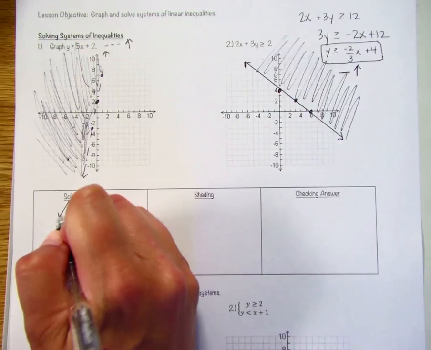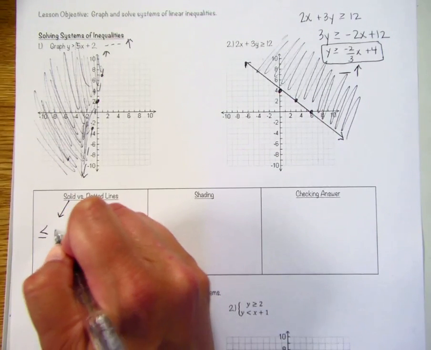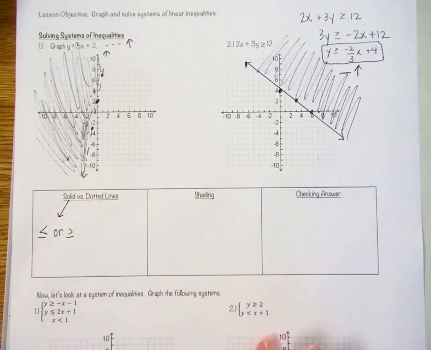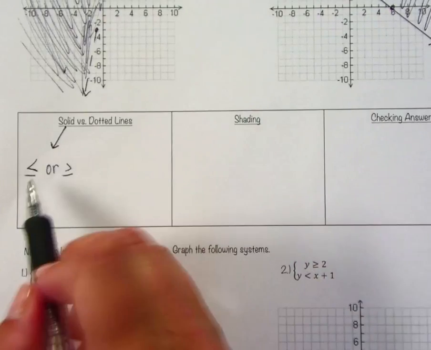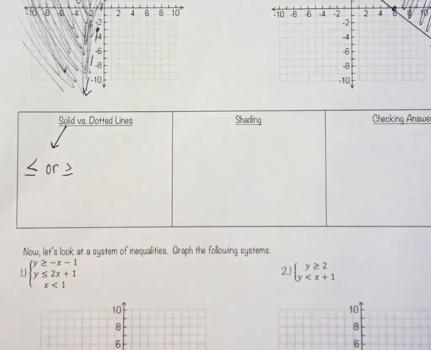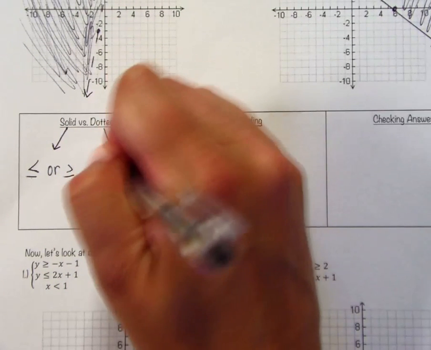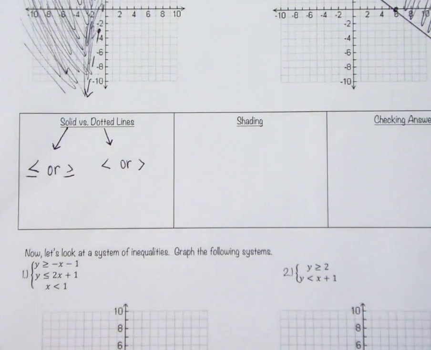If you have a less than or equal to, or greater than or equal to, because you have that 'or equal to,' that is the reason why we have the solid line. If it is just less than or just greater than, we will have a dashed or dotted line.